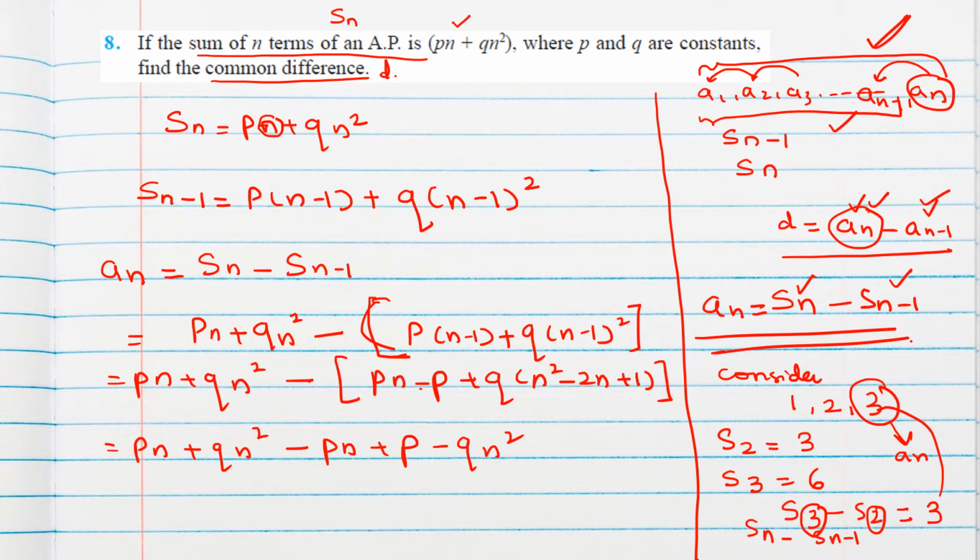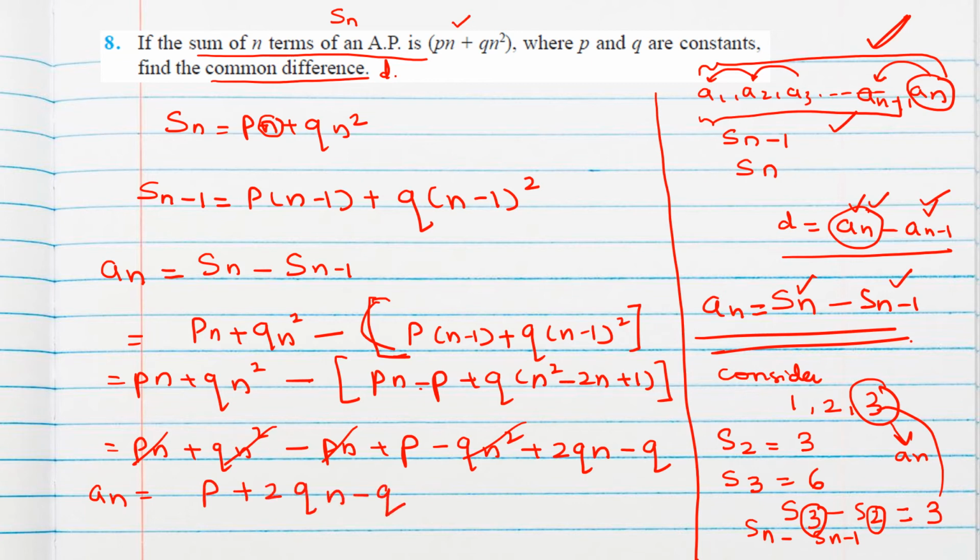I'm opening this bracket using minus Q, simultaneously multiplying with minus and Q both. So minus minus plus 2Qn and then minus Q. Which terms can we cancel here? Pn will go, Qn square will go. So An will be P plus 2Qn minus Q.